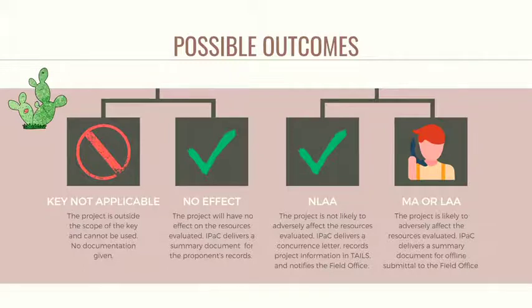The field office may still review that information, but you've pretty much completed a lot of your work right there in the system. The last possible outcome is a may affect or likely to adversely affect. And in this case, it means your project may have an impact on the species. And although you can't complete your consultation in IPaC at this point, it will give you a lot of the documentation that you need to complete your consultation with the field office.